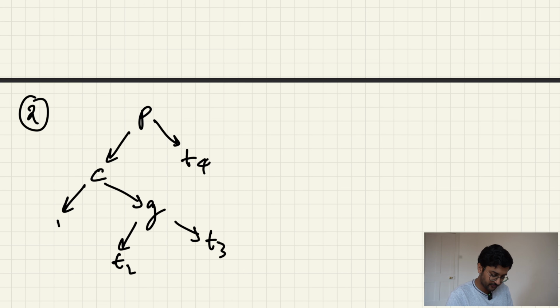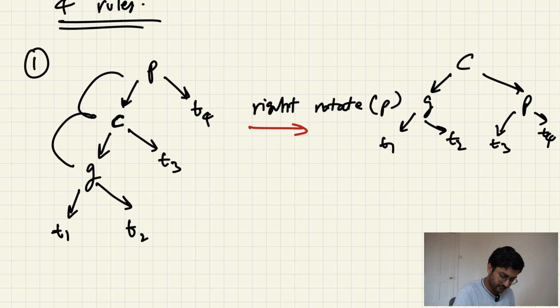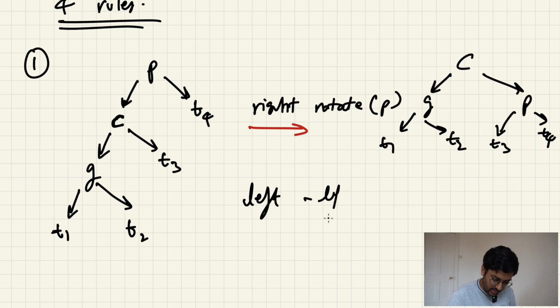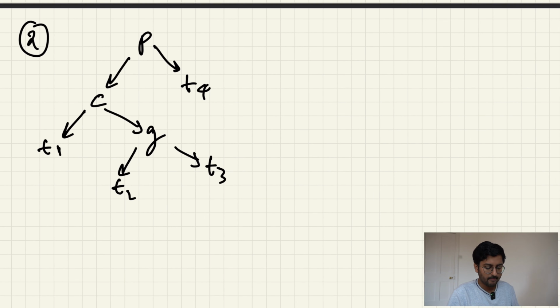T1, T2, T3. All right. The first one is going to be the left case. So you have the child and grandchild, both are on the left side. Here you can see that it's left right. So this is left right case.